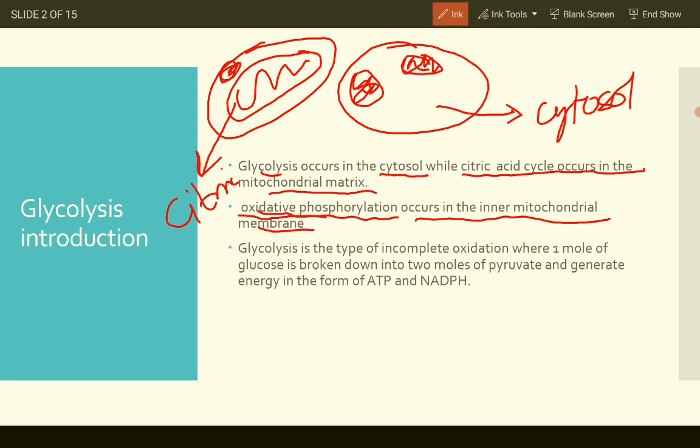Now, what is glycolysis? Glycolysis is a type of incomplete oxidation where 1 mole of glucose is broken down into 2 moles of pyruvate.